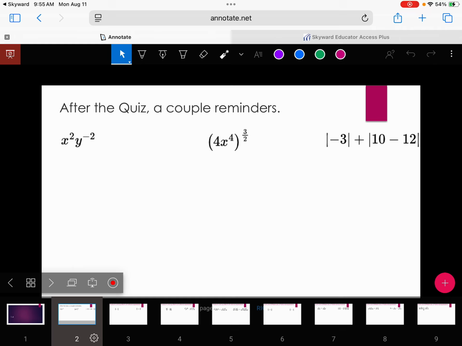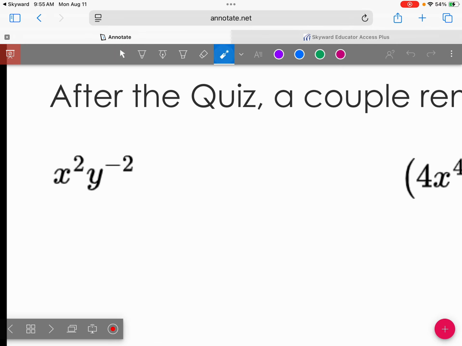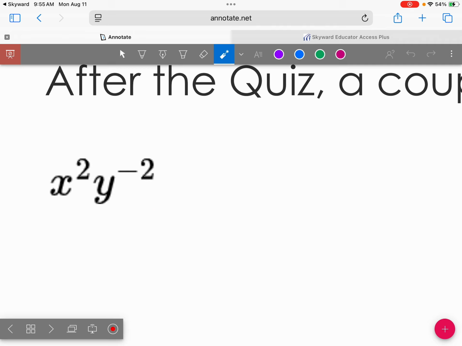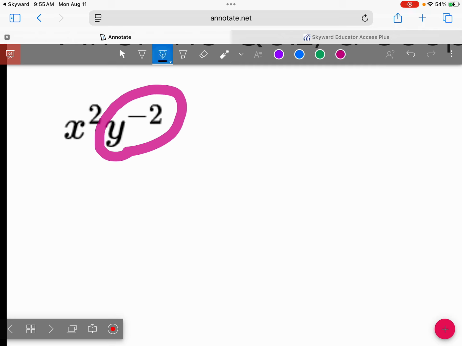Okay? So after this first quiz, I had several people do some weird things with negative exponents. When we have a negative exponent and we're trying to make it flip into the reciprocal, it just takes that guy. He's the only one affected.